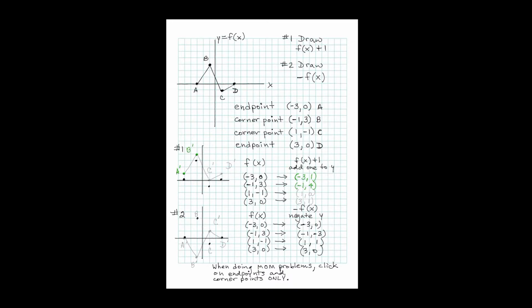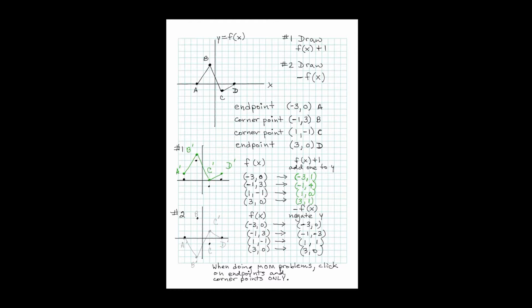And it moves point C to position 1, 0. And we're going to move point D to position 3, 1. And then we're going to connect these dots. And so what I've drawn on number 1 is the original function plus 1.